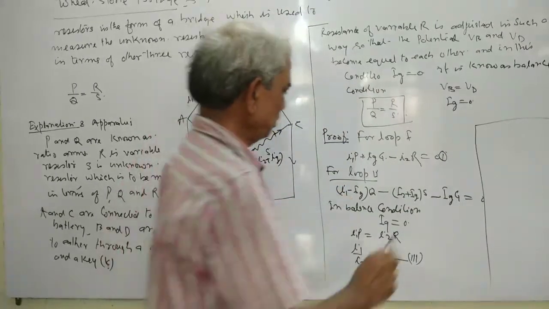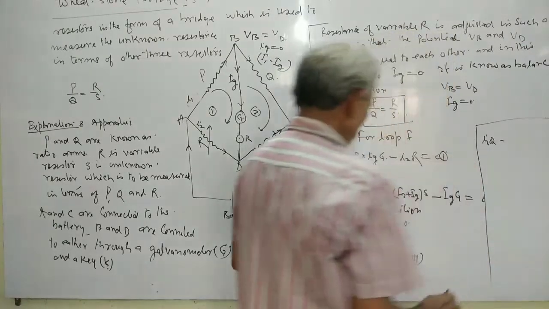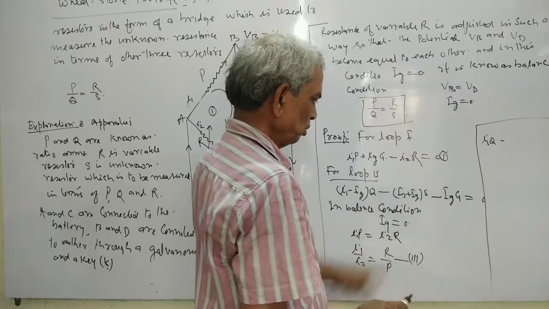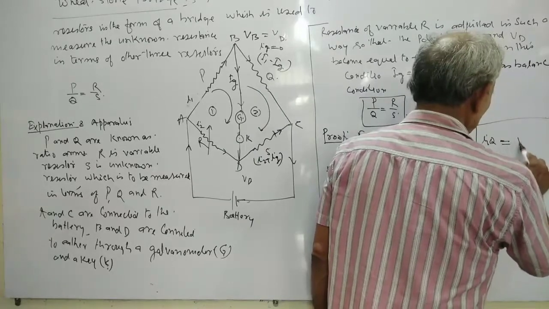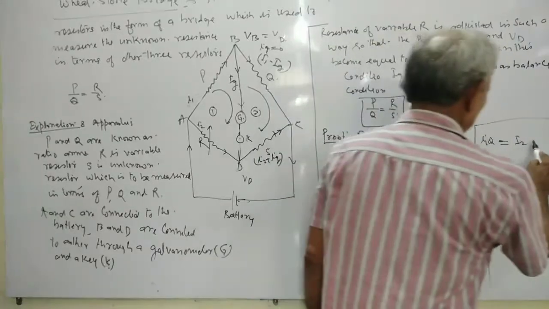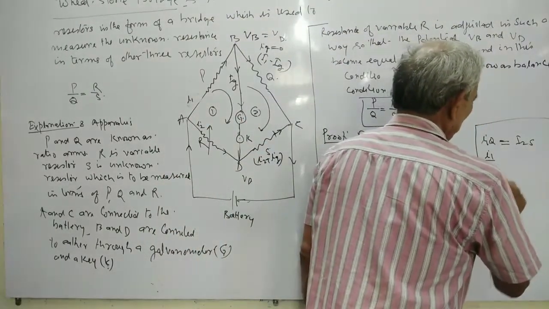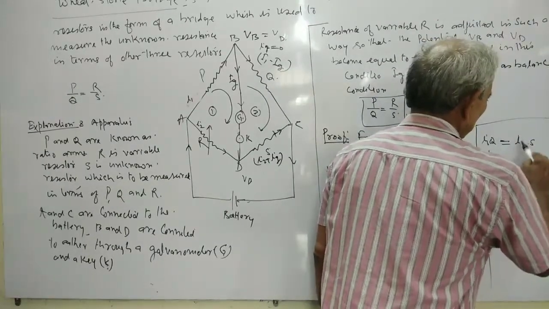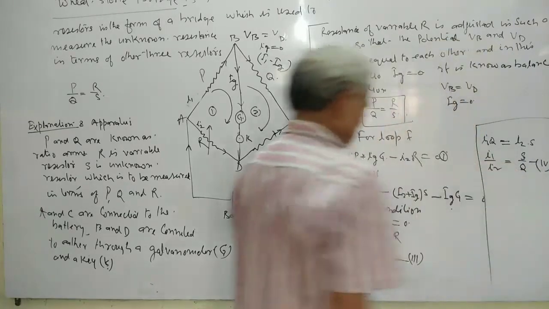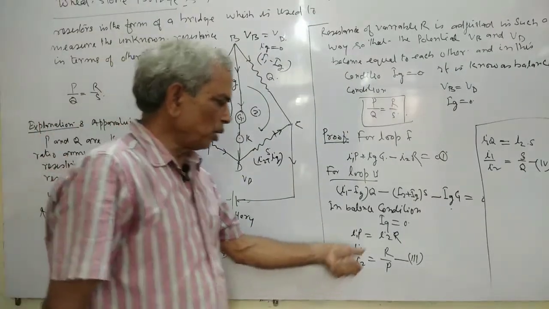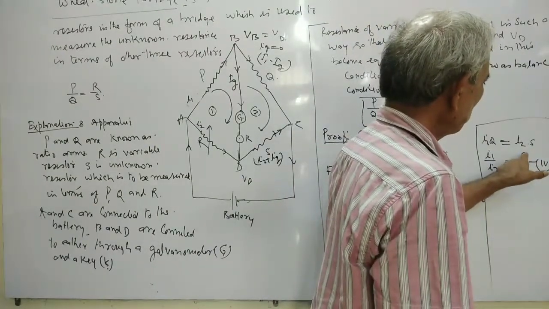Similarly, for this one, I1Q equal to, this becomes 0, this becomes 0, then I2S, or I1 upon I2 is equal to S upon Q. This is equation 4.